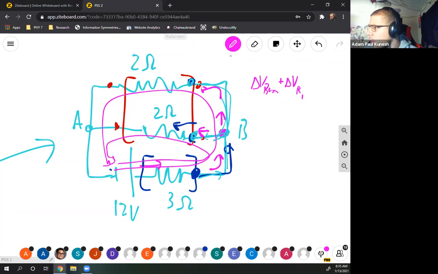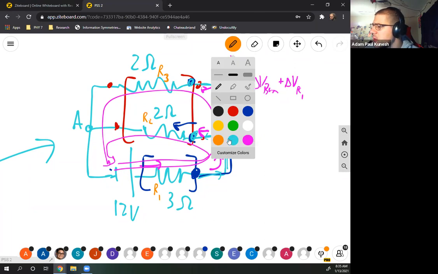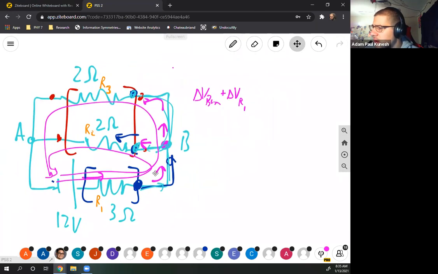Let's label the resistors so we know what we're talking about. This is R1, this is R2, this is R3. Using this lower loop, I first encounter the battery, check. Then the first resistor, check. Then this 2 ohm resistor, R2, plus delta V R2. Then I get back around to the tail of the battery, equals 0.